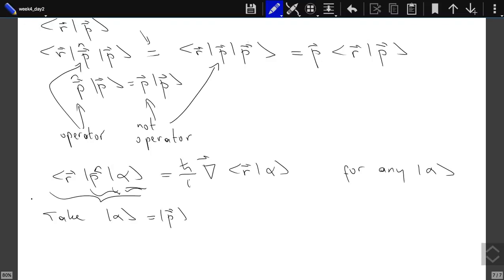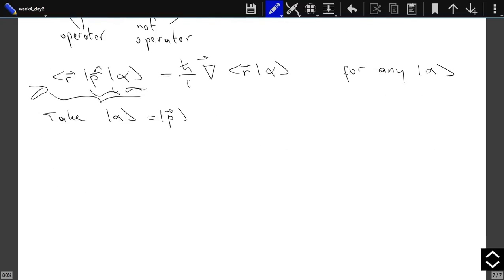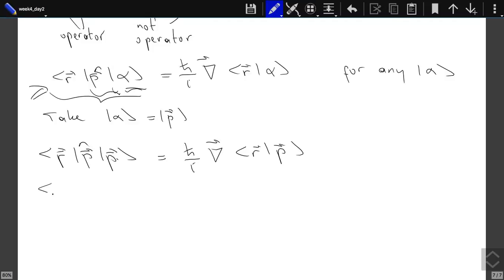Since this line over here is valid for any alpha, it should also be valid when I take alpha to be a momentum eigenket. So that tells me that our P operator acting on |p⟩, this is equal to h bar over i gradient of ⟨r|p⟩, but I also know that this is equal to p vector multiplying that ⟨r|p⟩.